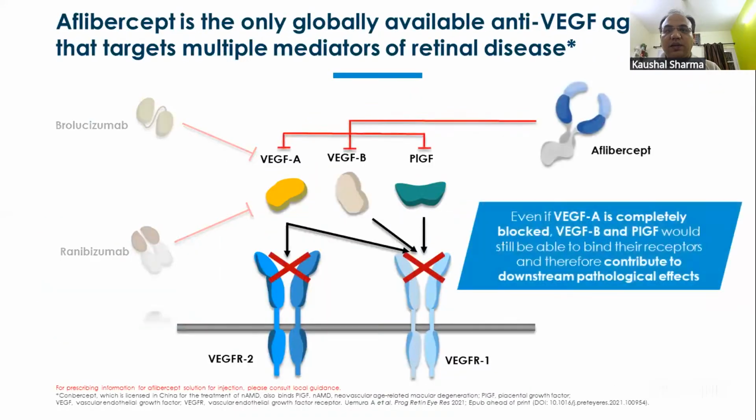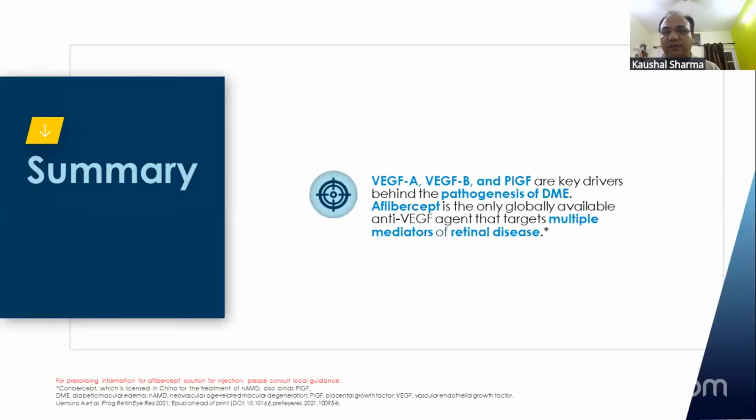Next. Aflibercept is the most globally available anti-VEGF agent that targets multiple mediators of retinal disease: VEGF-A, VEGF-B, and PlGF. Next. VEGF-A, VEGF-B and PlGF are key drivers behind the pathogenesis of DME.